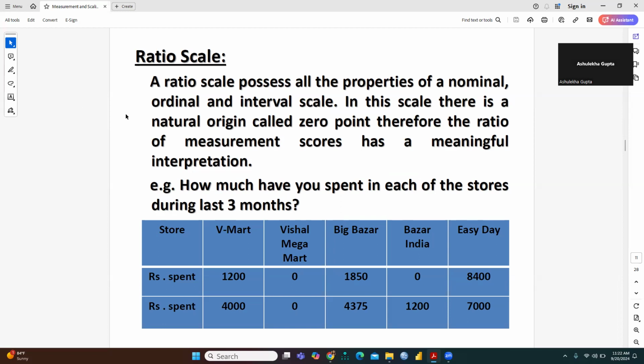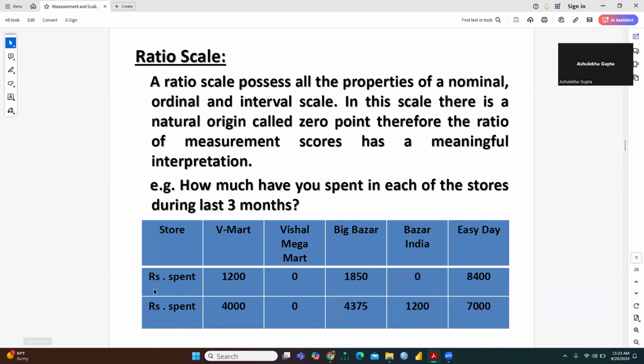So ratio scale possesses all the properties of nominal, ordinal, and interval scales. In this scale, there is a natural origin called the 0 point. Therefore, the ratio of the measurement scores has a meaningful interpretation. How much have you spent at each of these stores during the last 3 months? You can see here 1200, 4000, 1850, 0.